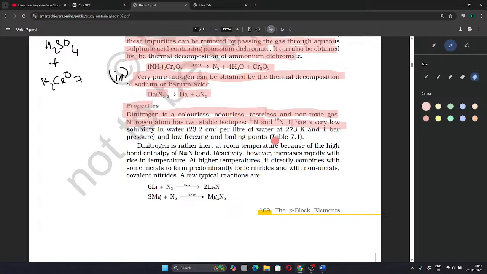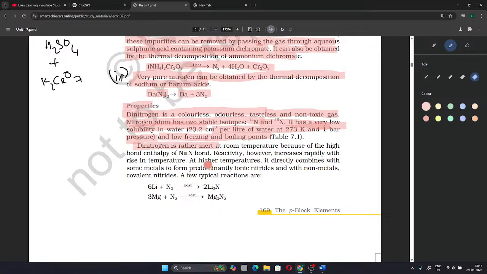It has a very low solubility in water. They are talking about dinitrogen, 23.2 centimeter cube per liter of water at 273 Kelvin and 1 bar pressure, and low freezing and boiling points.